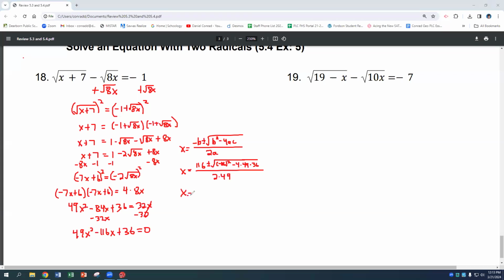So I have x equals 116 plus or minus 80 all over 2 times 49, which is 98. Okay, so now we can do each one together. We have 116 plus 80 divided by 98. And then we have x equals 116 minus 80 divided by 98.